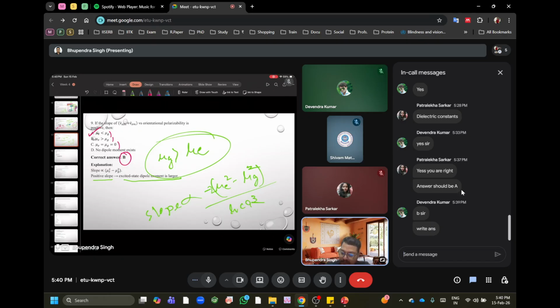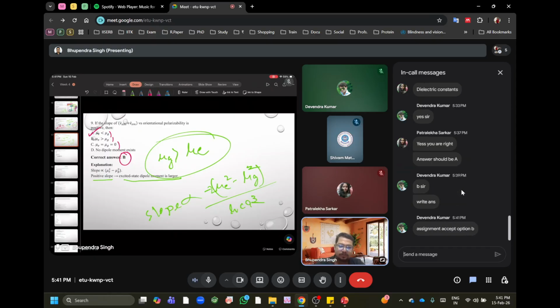Are you writing? Because according to me, and Patlekha is also saying, the answer should be A, but you are saying the answer should be B. B is also written. So now explain it to me. Because if the assignment accepted option B, okay, that is a different thing.